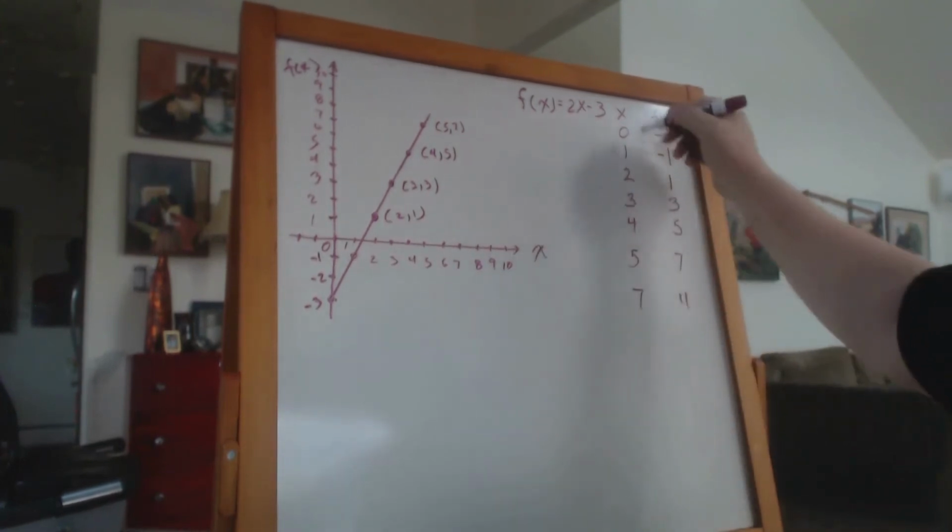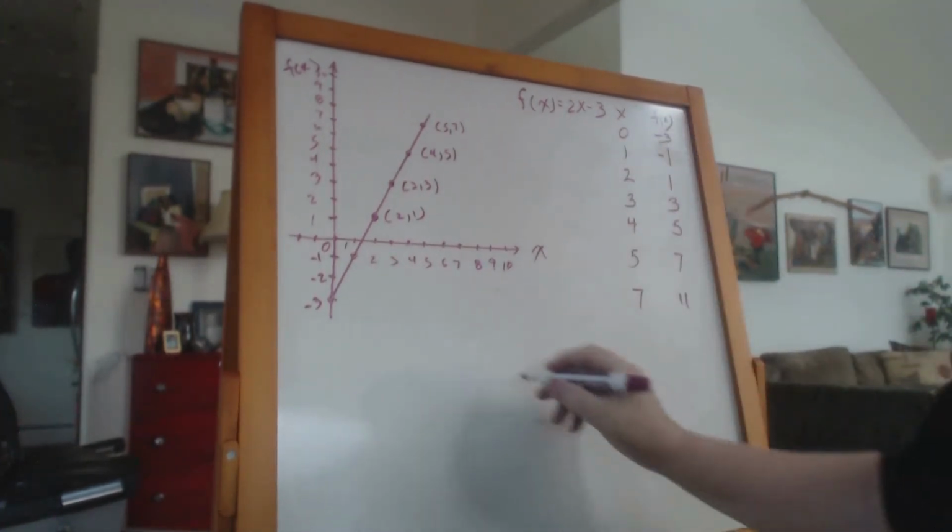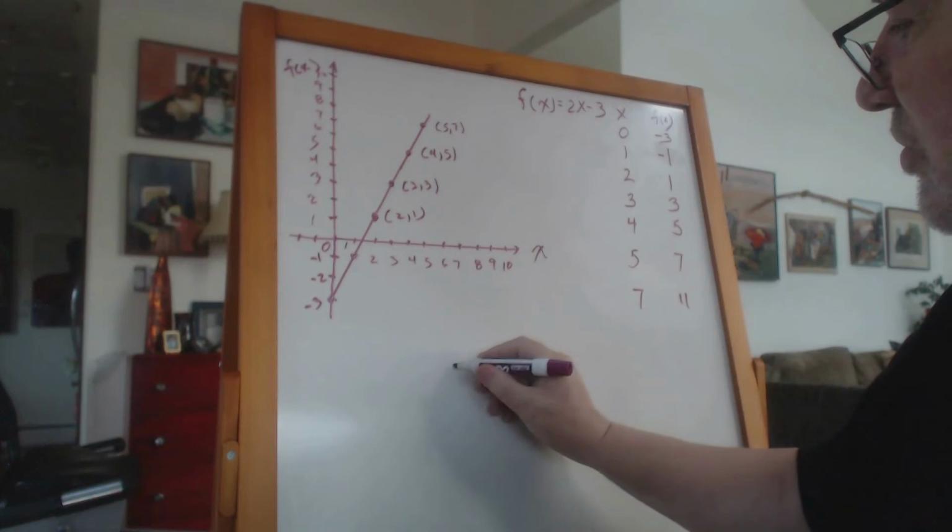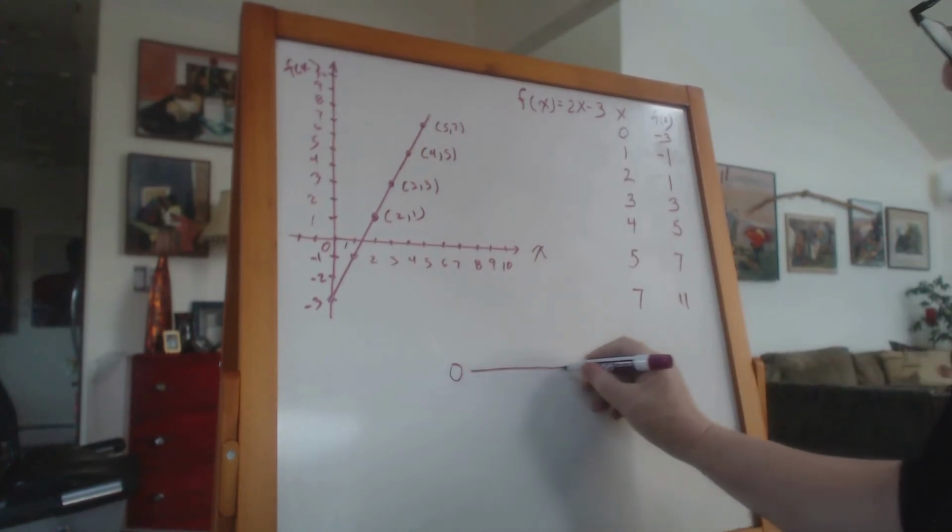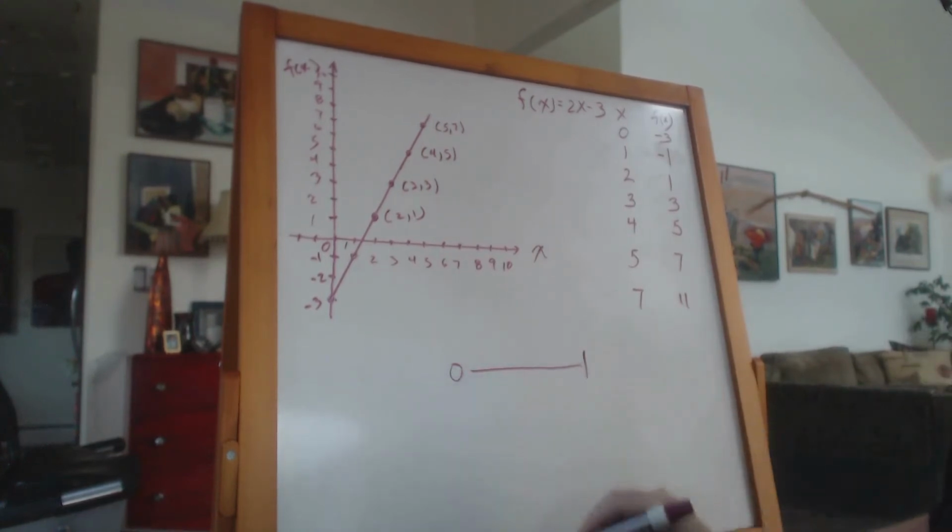We could have fractional points, in fact, between 0 and 1 on a number line.